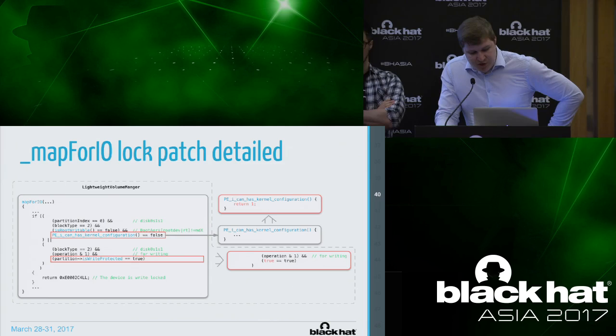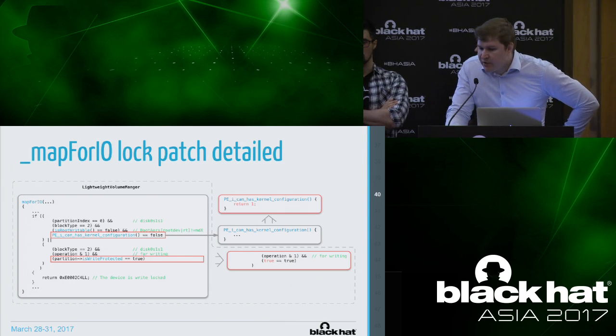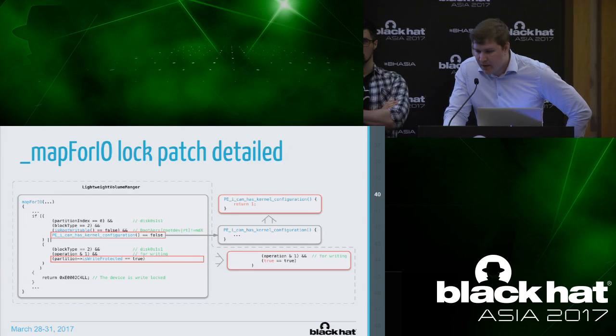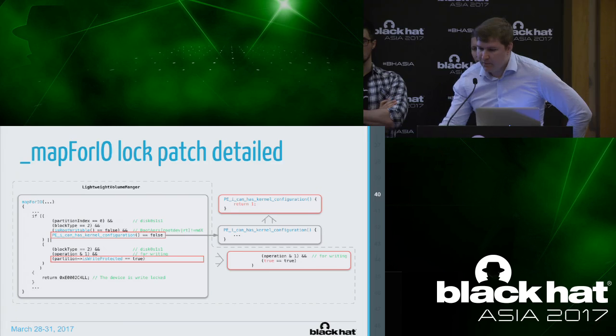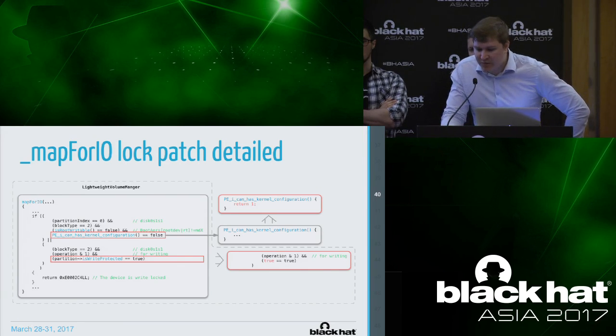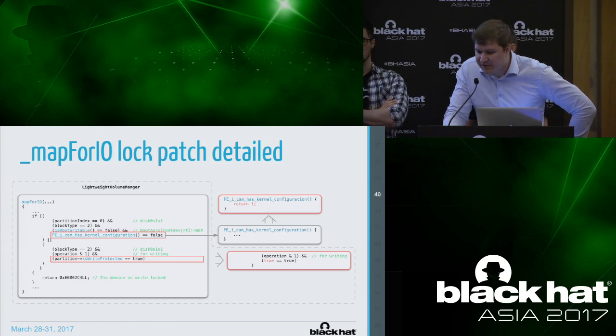Here you can see two checks inside the map for IO function. First is the call to PE enhance kernel configuration. You can patch it in different ways. For example, you can patch the GOT inside the lightweight volume manager, or you can force the PE enhance kernel configuration function itself to return 1. The second check is the write protected flag of the partition class.